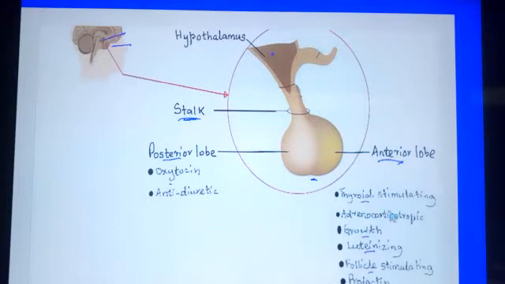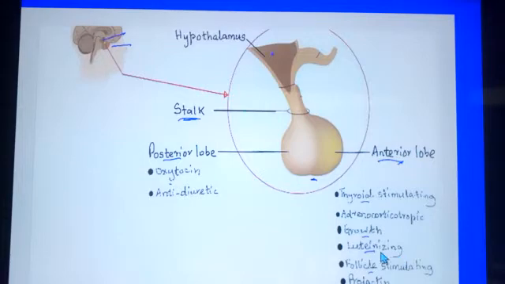It also secretes a hormone that is referred to as adrenocorticotropic hormone, ACTH, and then the somatotrophin, which is a growth hormone. You also have the LH, luteinizing hormone.